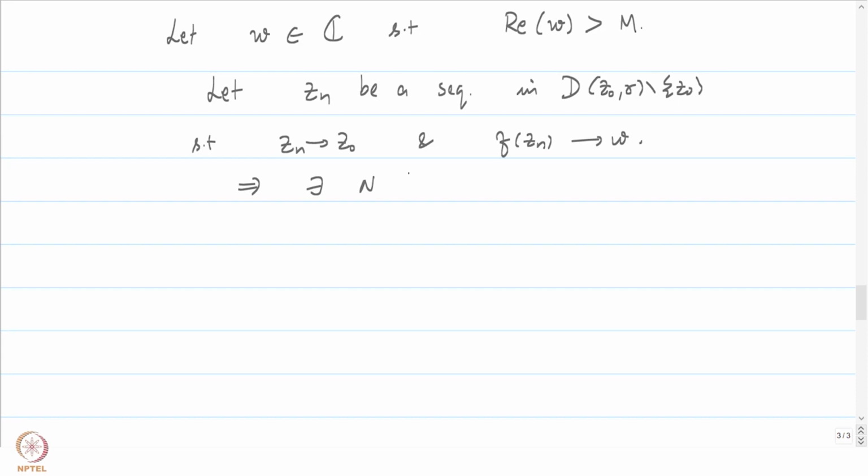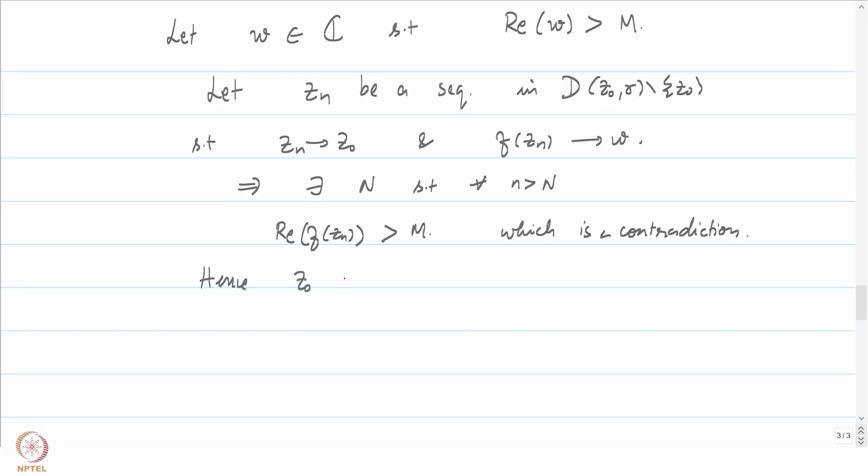When f(z_n) converges to W, the real part of f(z_n) converges to the real part of W, and therefore there is some N such that for all n greater than capital N, the real part of f(z_n) is greater than M, because the real part of W is greater than M. So the convergence ensures that this happens, which is again a contradiction, because now we have found a sequence of points z_n such that the real part of f(z_n) is greater than M, and therefore z0 cannot be an essential singularity.